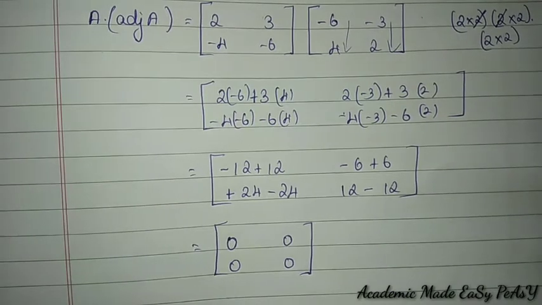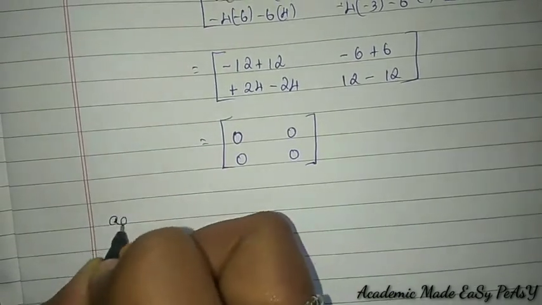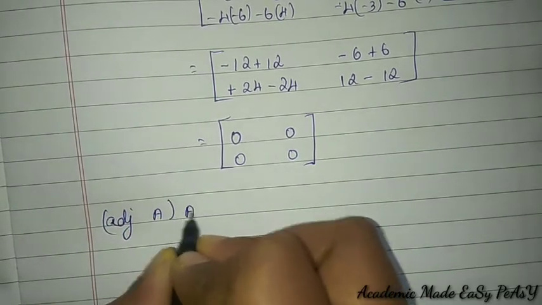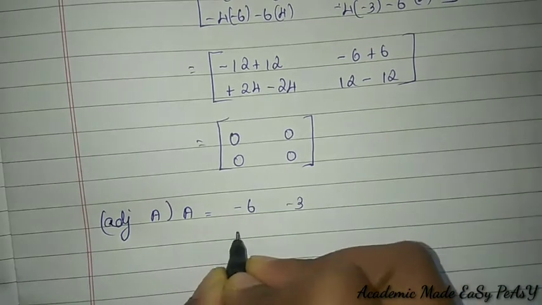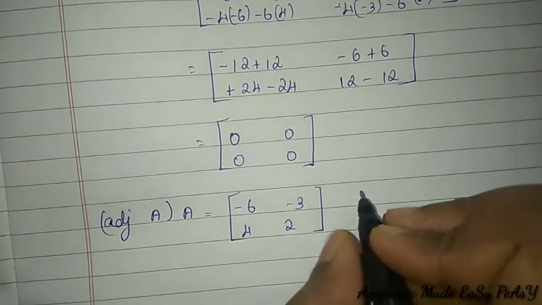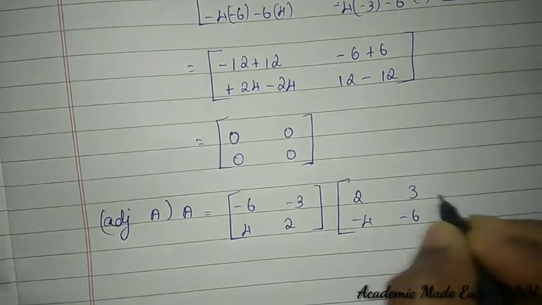Now I will find adjoint A into A. What is my adjoint? Minus 6, minus 3, 4 and 2. And my matrix A is 2, 3, minus 4, minus 6.